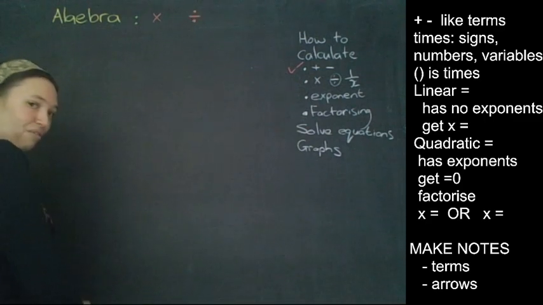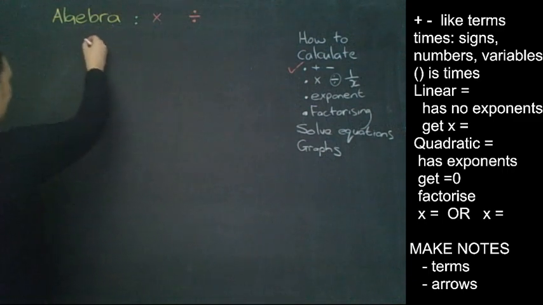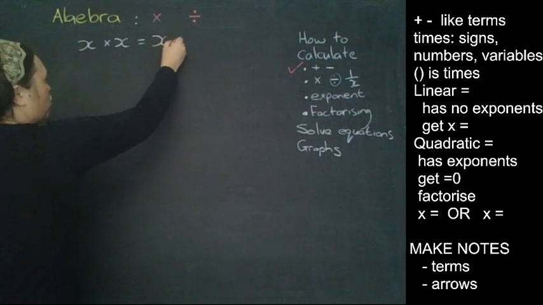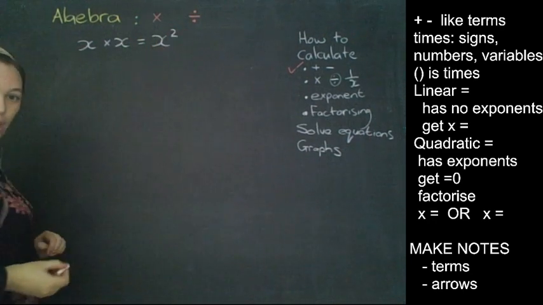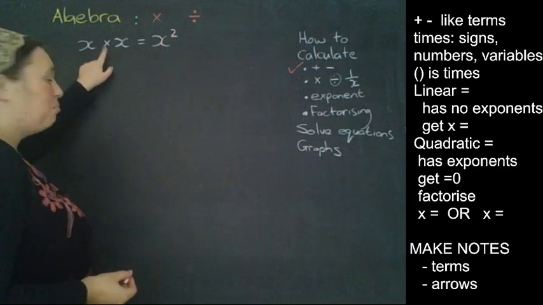Alright, so we said before that if we're multiplying things, x times x equals x squared. So the only time we get squares is when we're multiplying.